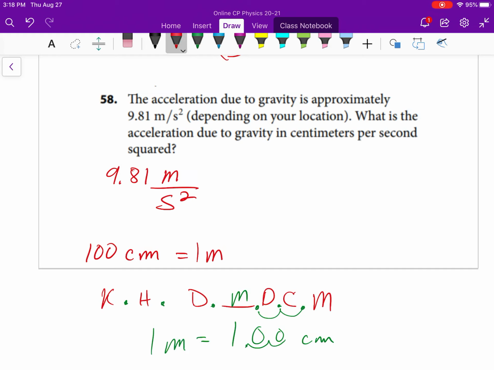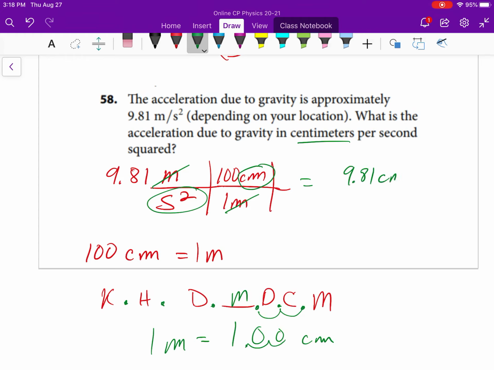So then I'm going to go back up to the top and take my 9.81 meters, and I'm going to put 1 meter on the bottom and 100 centimeters on top. And I am going to cancel my meters, and the only thing that's left is centimeters, so that's wonderful because that's what they asked for, and on the bottom I have seconds squared. So I get 9.81 centimeters per second squared.